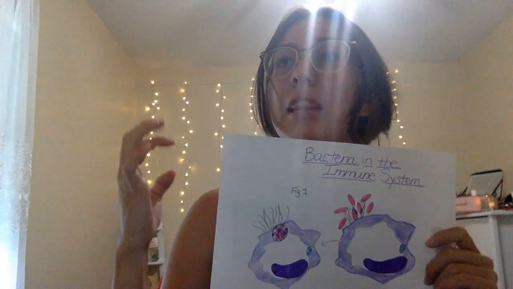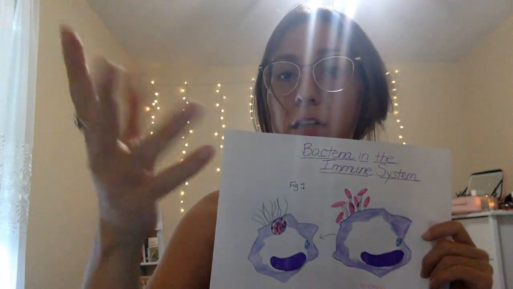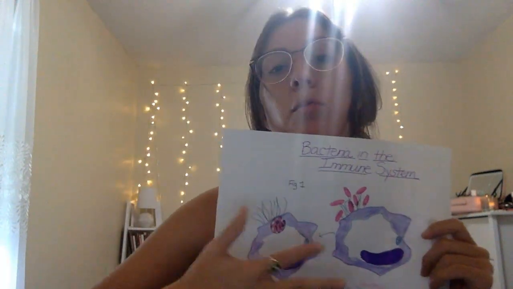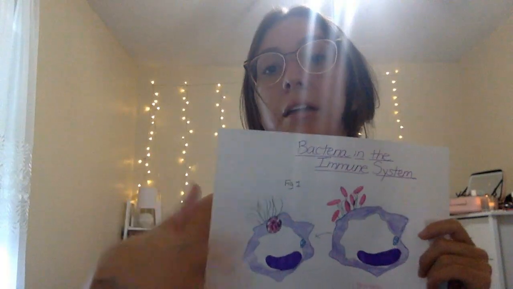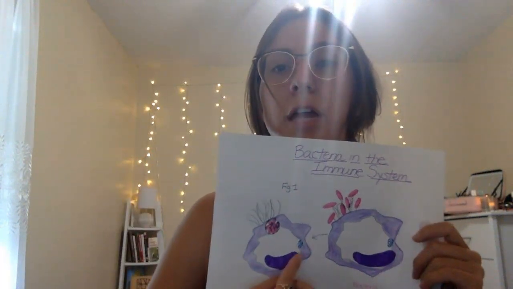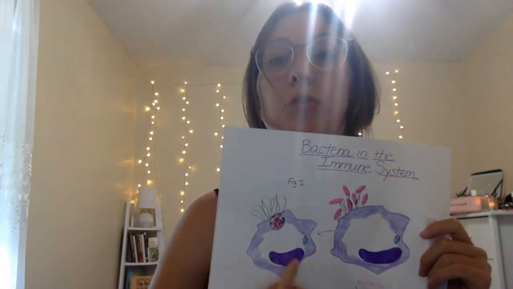As a result, those digestive enzymes are going to release and interact with the bacteria and cause the breakdown of it. It will go through that process and then be eliminated from the macrophage.